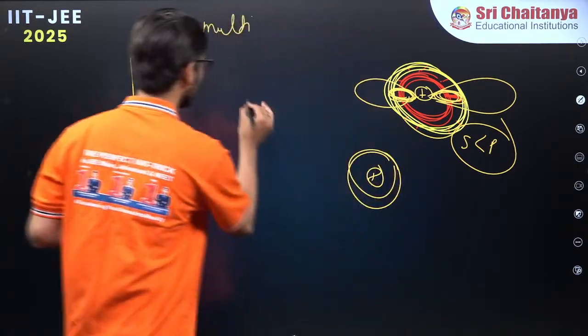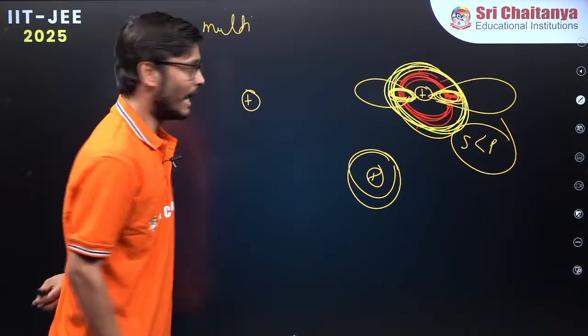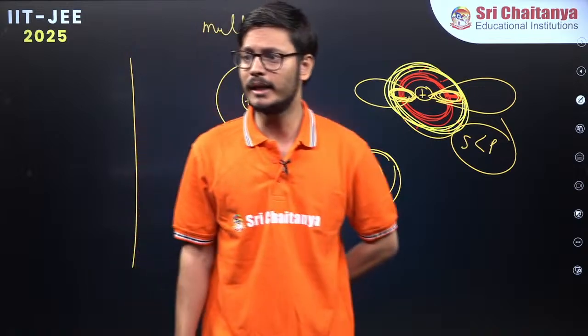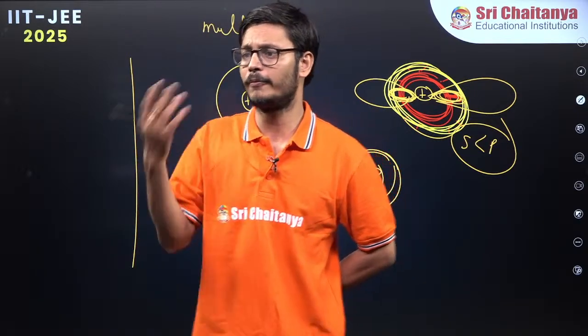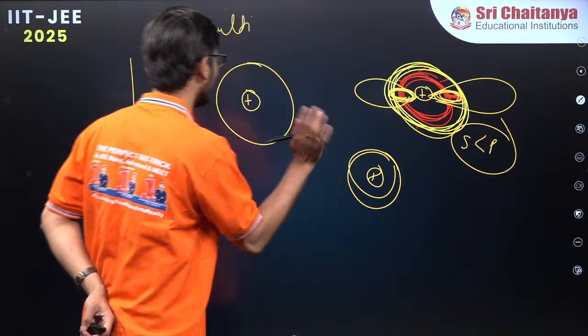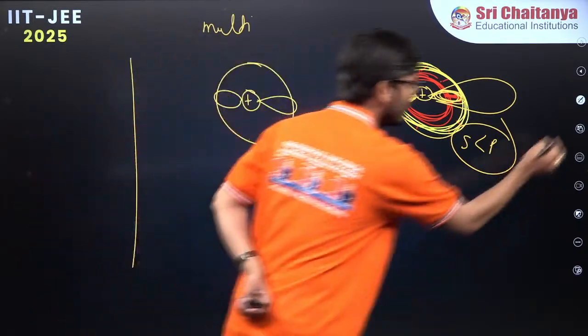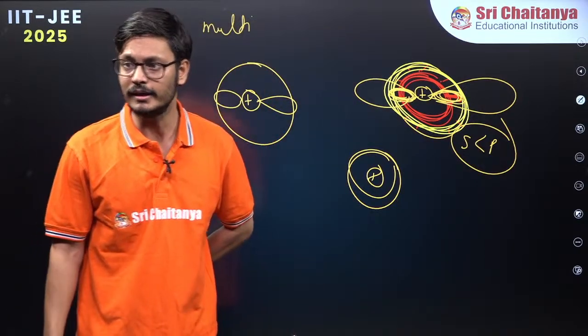Now this is the nucleus which is Virat Kohli. And now there are two people. Let us say I am there and my friend is there. One is s orbital and one is p orbital. Initially both are having same energy, isn't it?